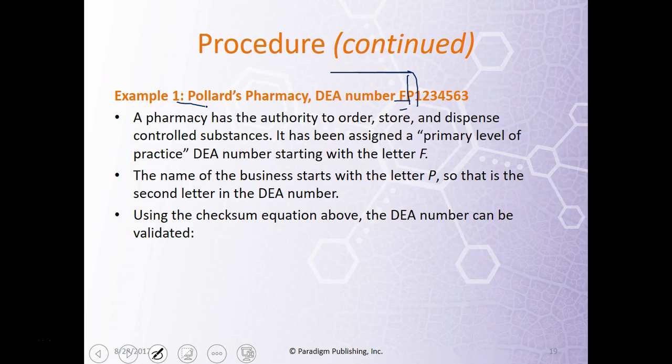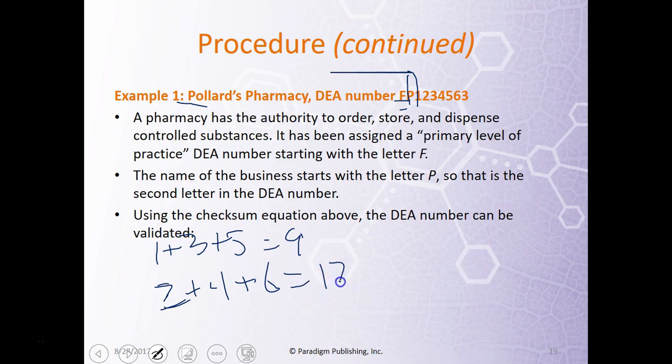All right. Now we're going to check our numbers. So 1 plus 3 plus 5 is equal to 9. And 2 plus 4 plus 6 is equal to 12, times 2. Even numbers multiply by 2. That's 24.